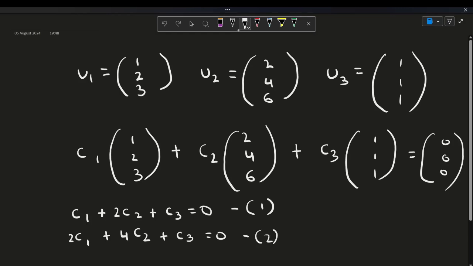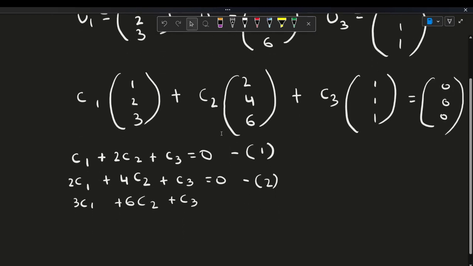That is equation 2. And then finally, equation 3 is 3c1 plus 6c2 plus c3 is equal to 0. That is our equation number 3. So now we have these three system of equations.